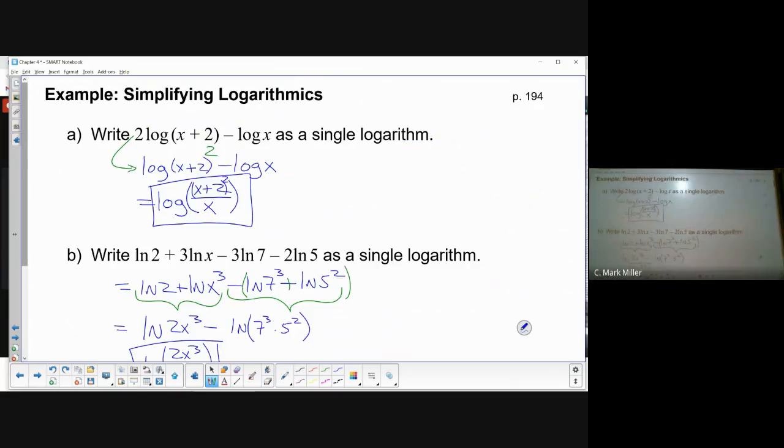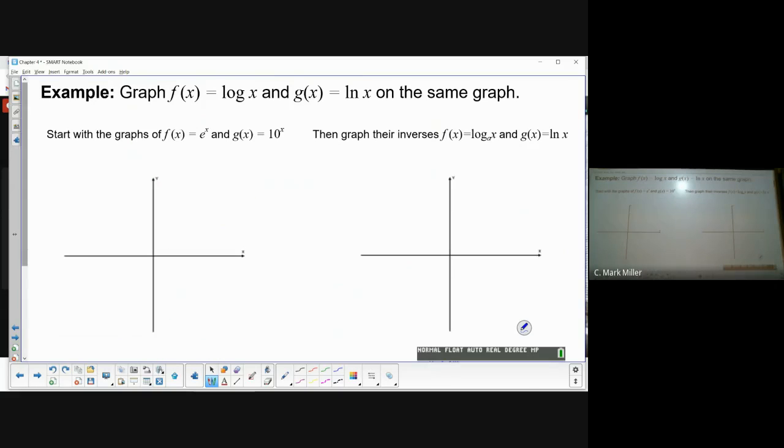I know we have it in my other class, where we just passed logarithms in my other college algebra class, and I forget what we've done in each class. So e to the x, what does it look like? Something like that, roughly. f of x is e to the x.